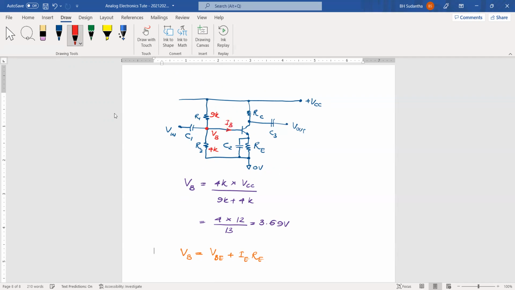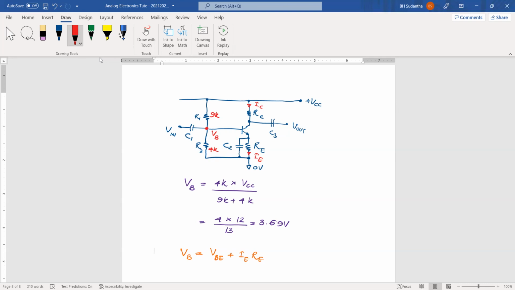Sorry, not IB. We are not going to find this IB. We are going to find this IE current. Why? When we set the operational point, we have to find the IC current at the operational point.